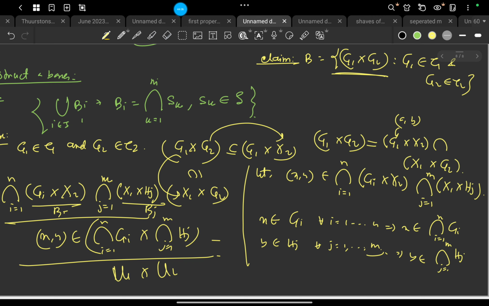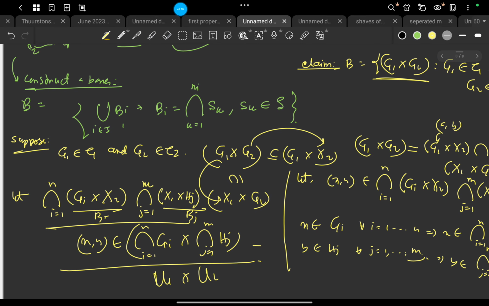So that means this intersection that we have considered here is a subset of this intersection.